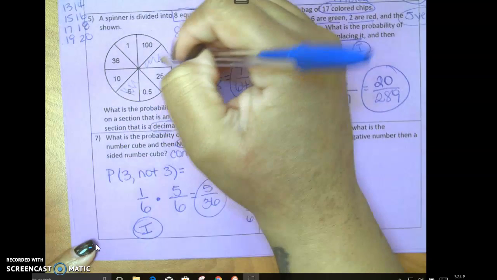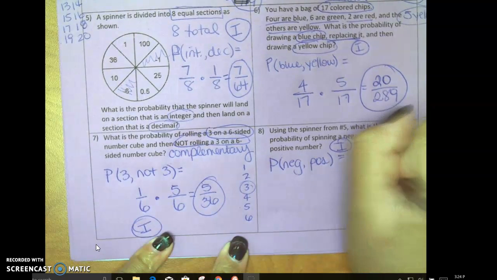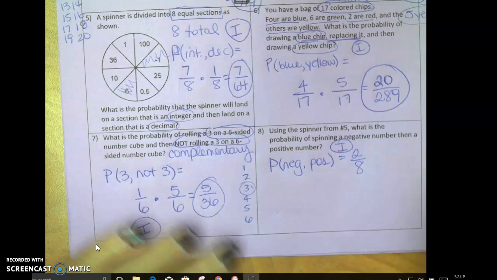Negative, negative. 2 out of what? 10. Count those pieces, man. 2 out of 8. How many are positive? 6 out of 8 are positive.